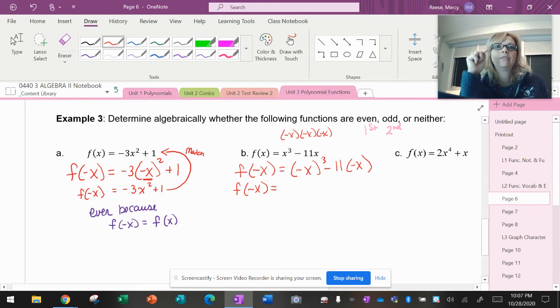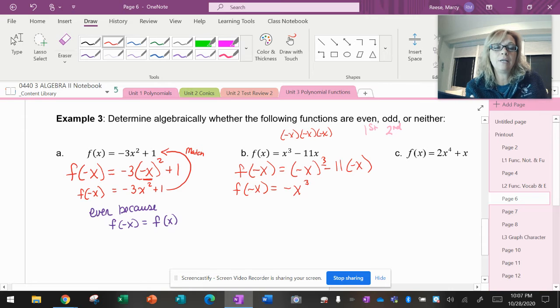Let me say this to you, and I know I've already mentioned it. When you're squaring a negative versus cubing, if the exponent is odd, then the actual result is a negative. So because that's an odd exponent, this ends up being a negative x cubed.